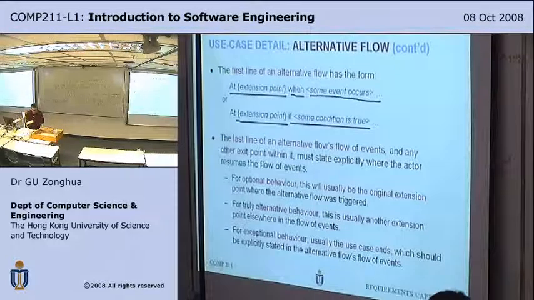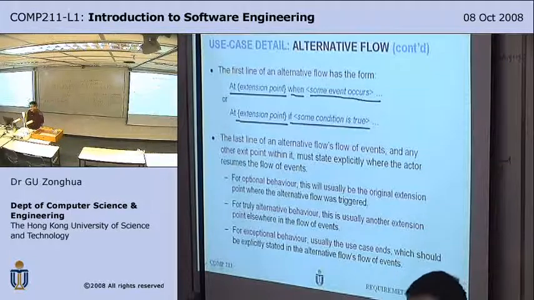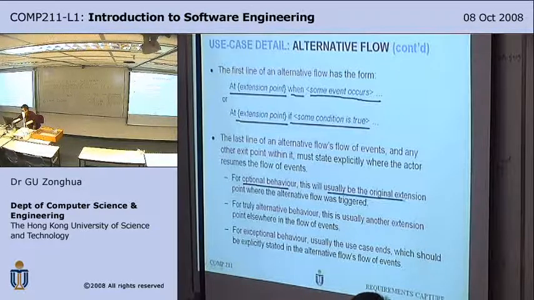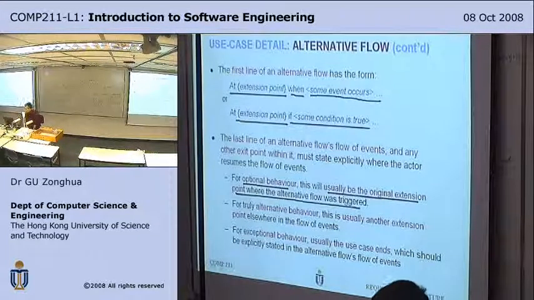That is, say you're handling an exception, right? Something extraordinary happens, you invoke the exception handler, but where does the flow of control return to? So for optional behavior, this will be the original extension point where the alternative flow was triggered.